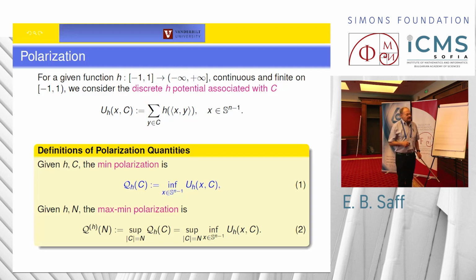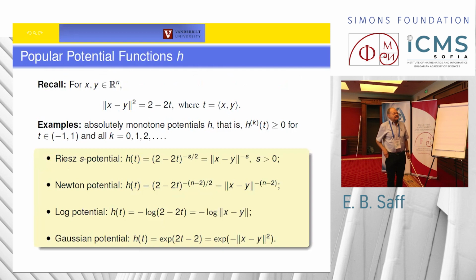Okay, so a little bit of background if you haven't seen this. By the way, I should mention some popular potential functions h. For us, the Riesz s potential, where h is given by (2 minus 2t) to the power minus s over 2, t being the inner product of x and y, or expressed in Euclidean way, it's just the distance between points raised to the power minus s.